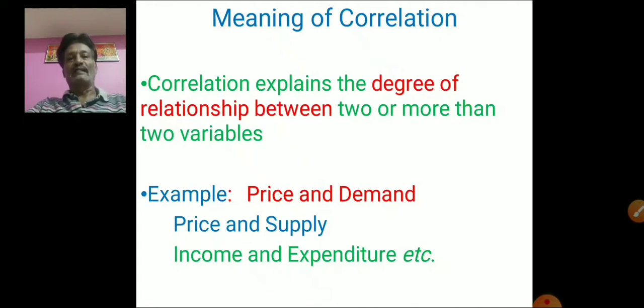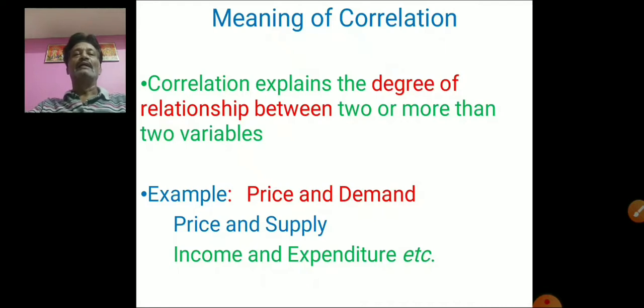Nothing more than that. Correlation explains whether the variables are positively or negatively related, and whether they are highly correlated, moderately correlated, or have a low degree of correlation.